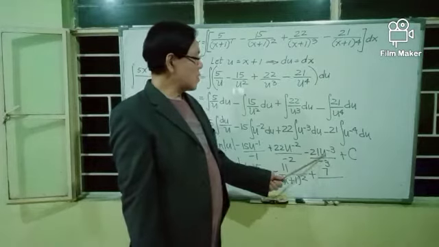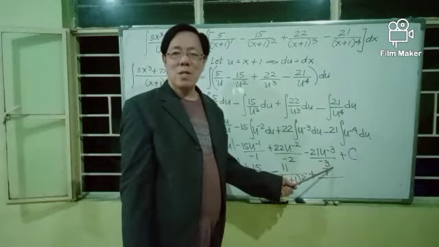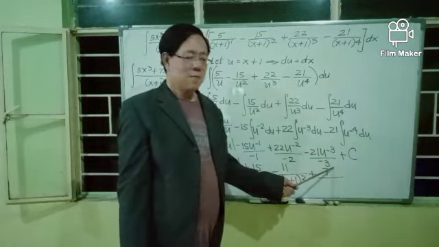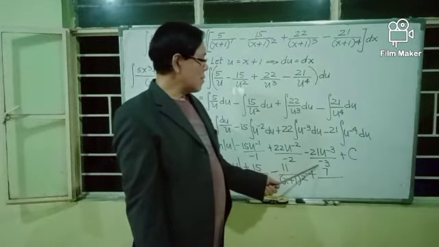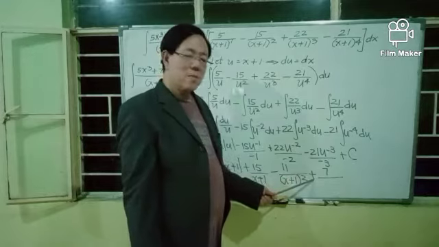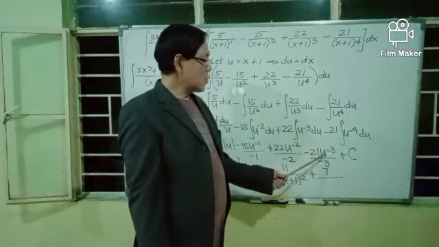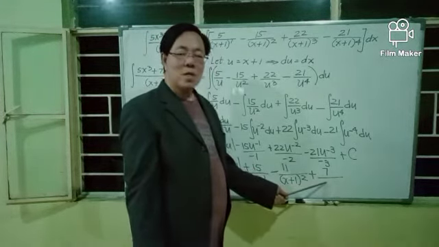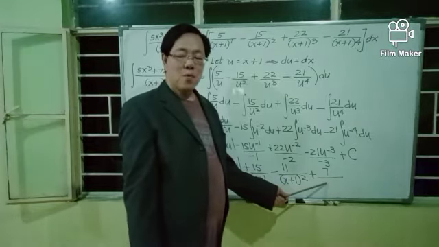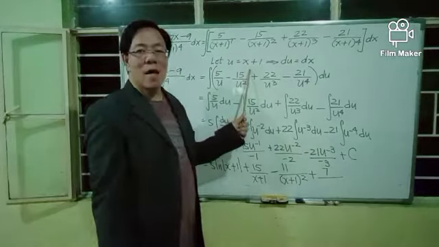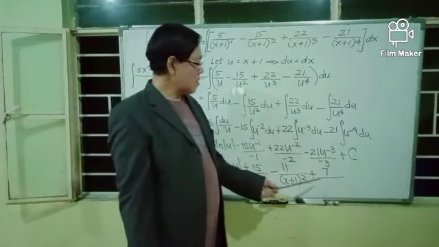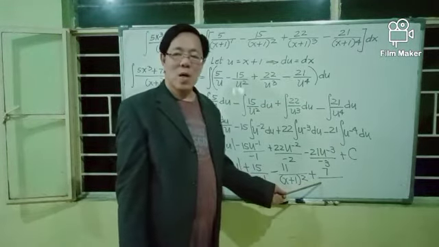So if you bring u to the negative 3 to the denominator, it becomes u to the positive 3, or u cubed. Negative 21 divided by negative 3 is positive 7. U to the negative 3, you bring down to the denominator, you get over u to the power 3. But u is x plus 1. So this term is 7 over x plus 1 cubed.